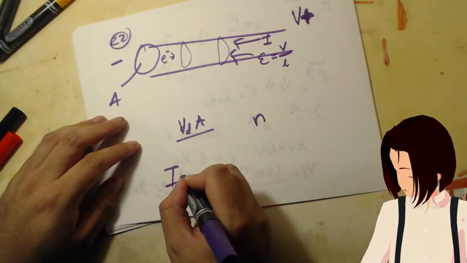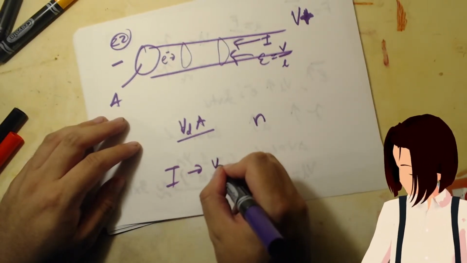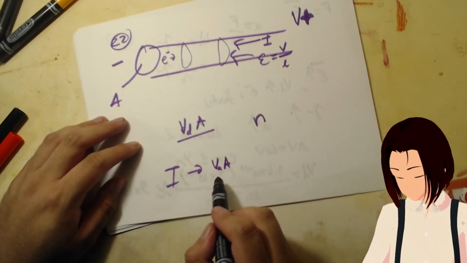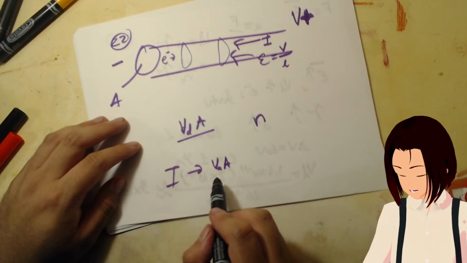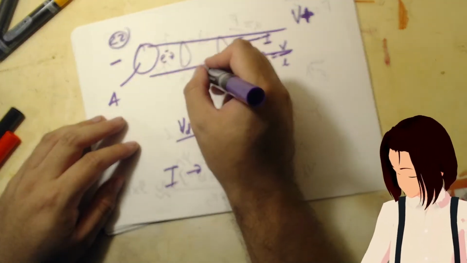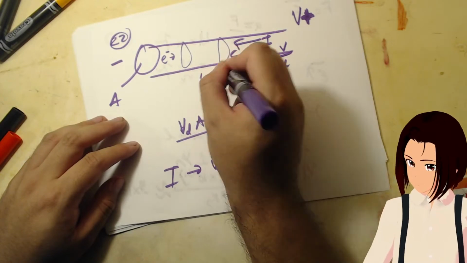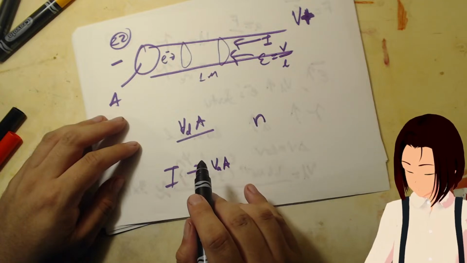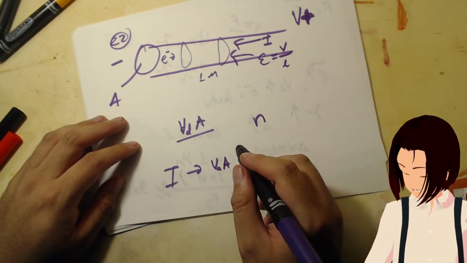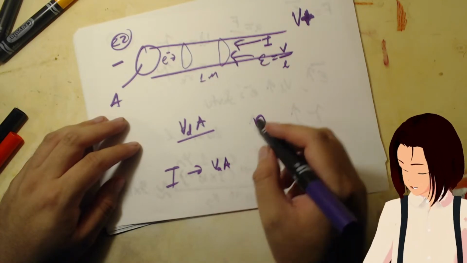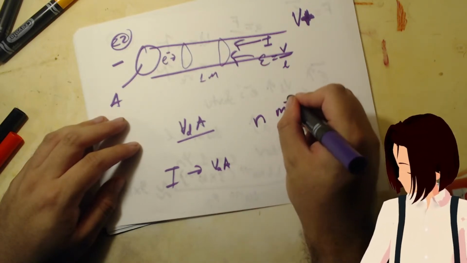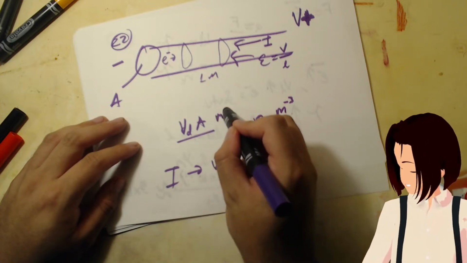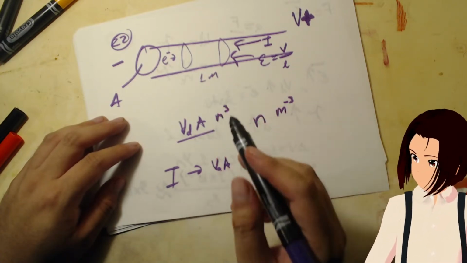To get I, we take the cross section, the volume that passes through one length, 1 meter. This is in meters cubed and this is in meters.